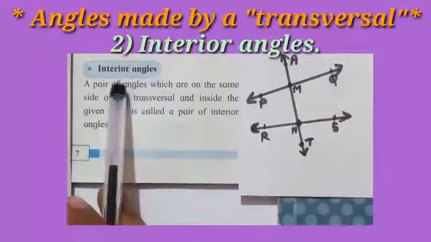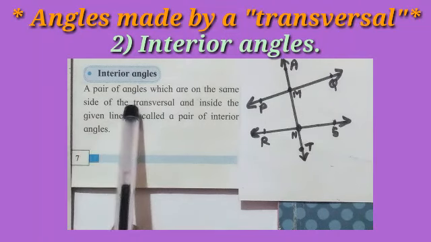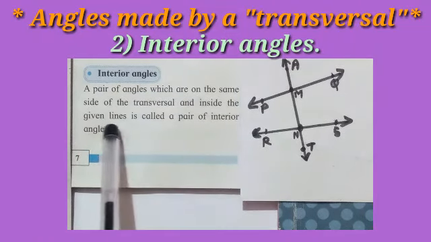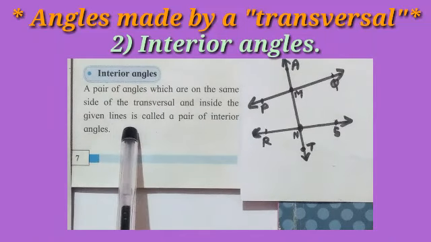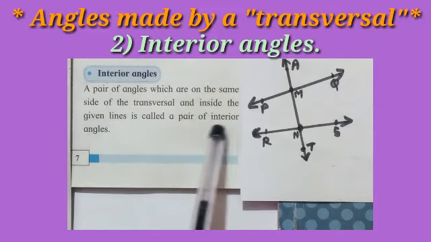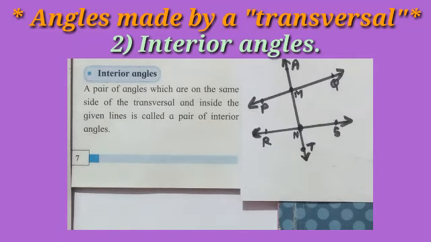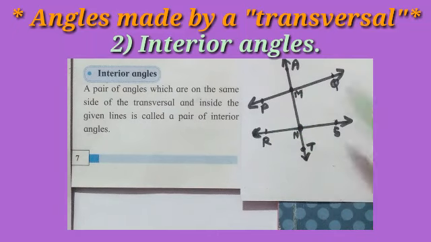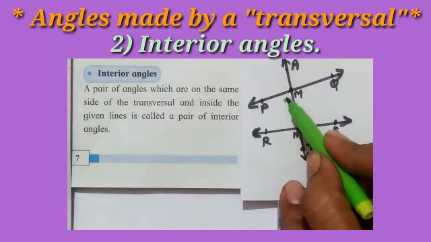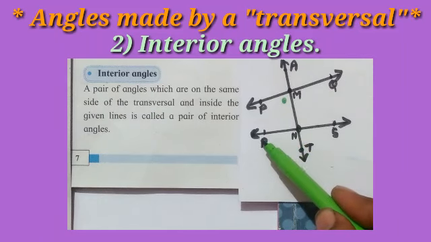Now the next kind of angles, that is interior angles. Just see the definition at first. A pair of angles which are on the same side of the transversal and inside the given lines is called a pair of interior angles. See in the diagram now. Here angle PMN, this one, and angle MNR.